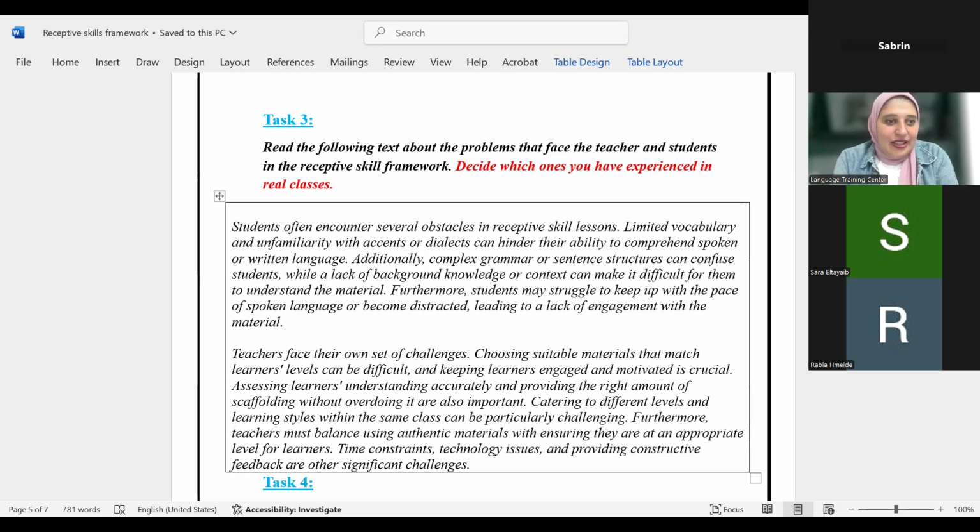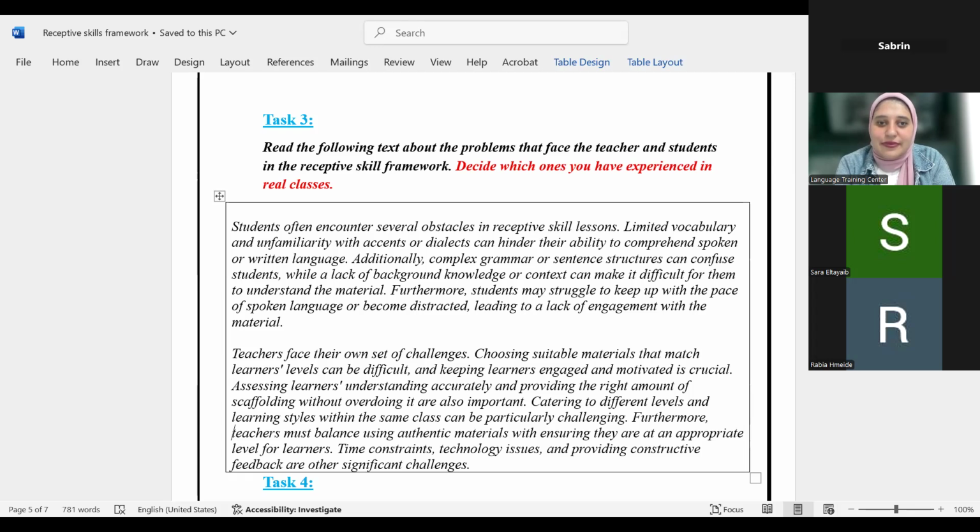For me, sometimes for vocabulary, the students face limited vocabulary and unfamiliar accent while listening, which makes comprehension hard. Sometimes in high grades, complex grammar and sentence structures confuse students. Lack of background knowledge or context. So how do you overcome, for example, complex grammar issues?